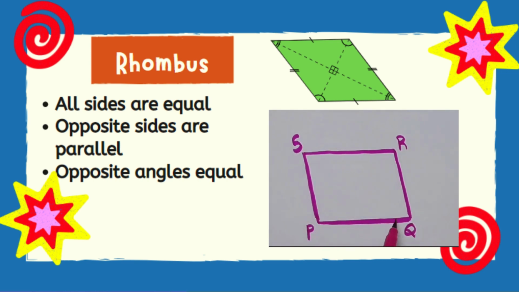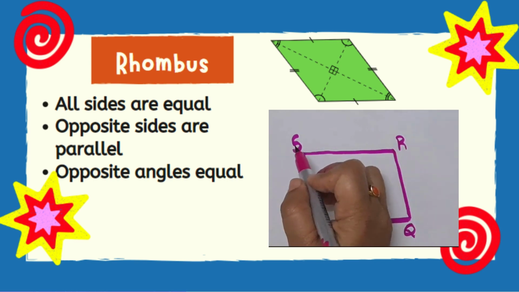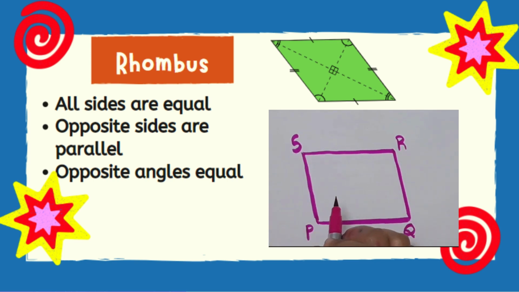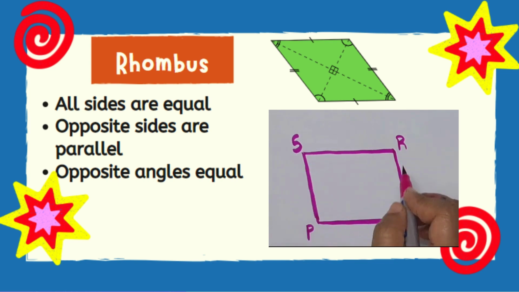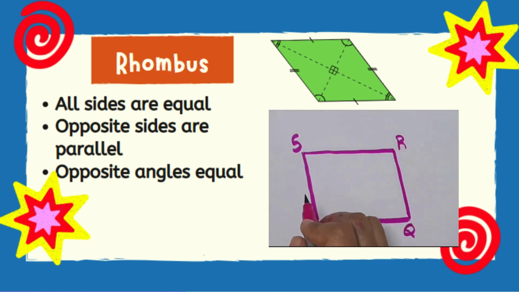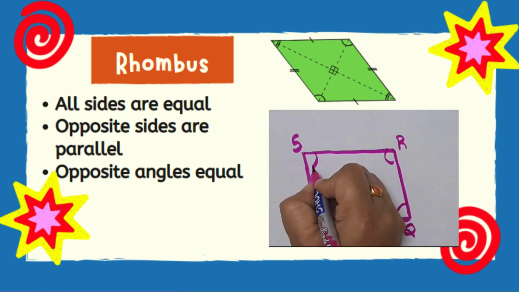I mean PQ, QR, RS and SP, all sides are equal, and opposite sides are parallel. Like PQ is parallel to RS and QR is parallel to SP, and opposite angles are equal. Like angle P is equal to angle R, angle Q is equal to angle S.